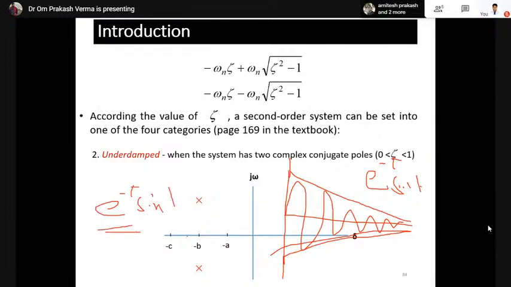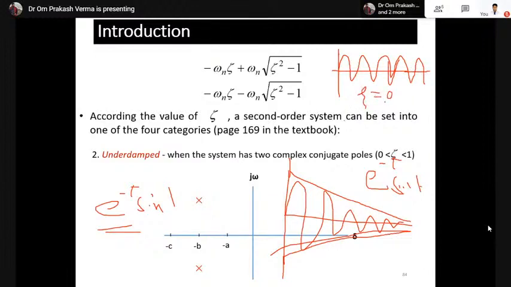So it means in the first case, the undamped case, you have seen the oscillation is continuous, a sustained oscillation. Okay, this case occurs when zeta equals 0.